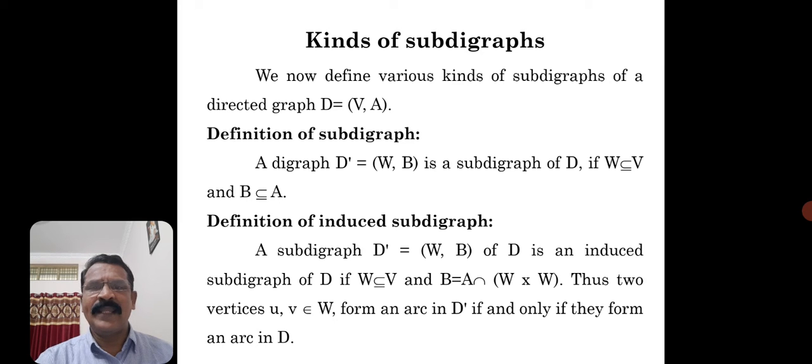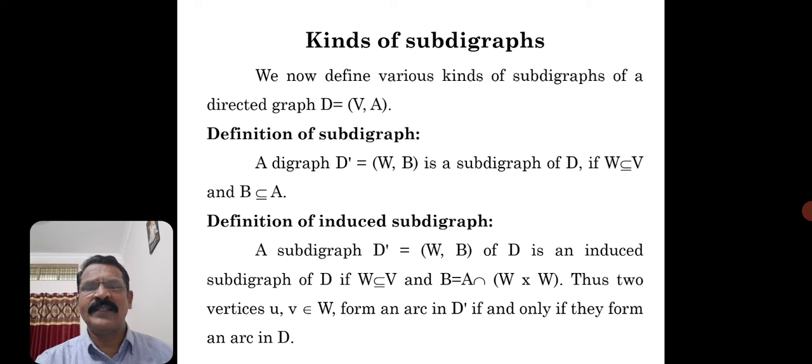D dash is a subdigraph of the digraph D if W is a subset of or equal to the vertex set V and B is a subset of or equal to the set A. It implies you are considering a few vertices of the vertex set V and a few edges of the edge set A. So you may consider a subset of V as well as a subset of A. Then the new digraph D dash with the vertex set W and edge set B is called a subdigraph of the graph D. Very simple idea.